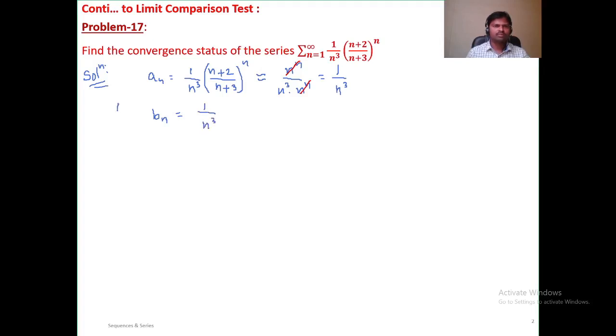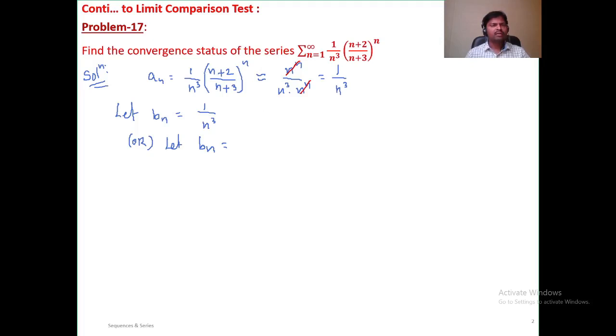This is one way, or you can choose like this also. Let bn be equal to, see, the numerator's maximum nth power of which term you can take common. This is the second way of choosing bn. You look at both numerator and denominator.